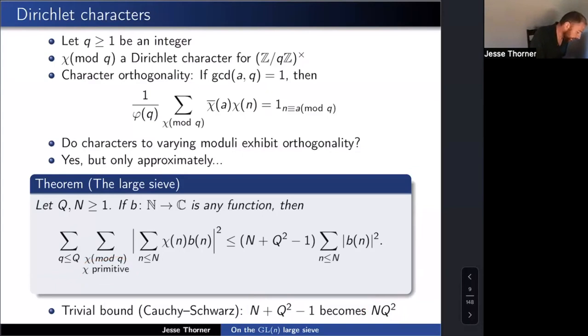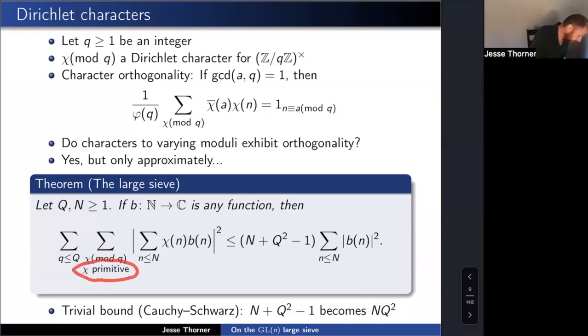So if I have a chi modulo little q, I could sort of think of that character as being a character to a modulus d times little q for any positive integer d, and in that sense, the character on the higher modulus is imprimitive.